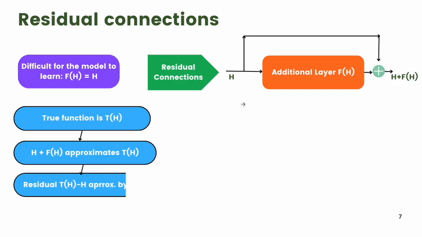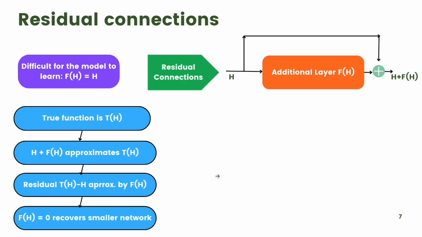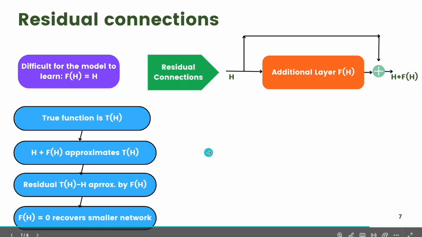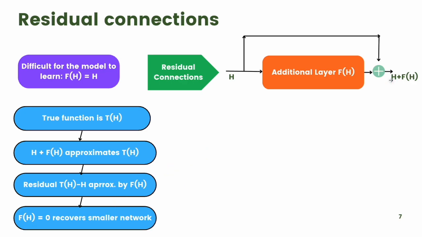This means that F(H) is approximating the residual. That's the key difference between a network based upon residual connections and the plain vanilla network. The plain network approximates the true function directly. A residual connection based network approximates the residual, as the name suggests. And now if F(H) were set to 0, then you would recover a simpler model.